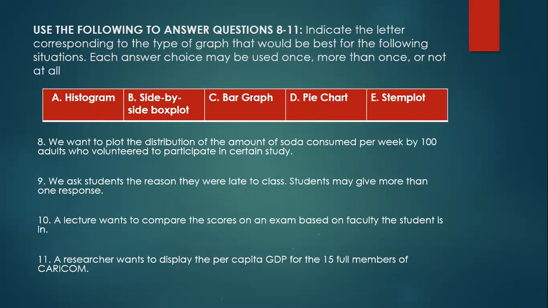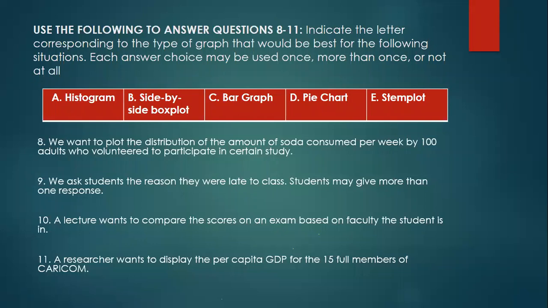A researcher wants to display the per capita GDP for the 15 full members of CARICOM. What's the best thing to use? The best thing to use would be a stem plot.